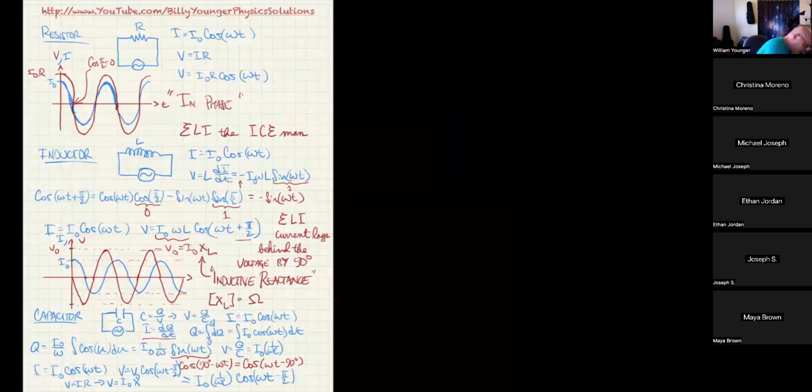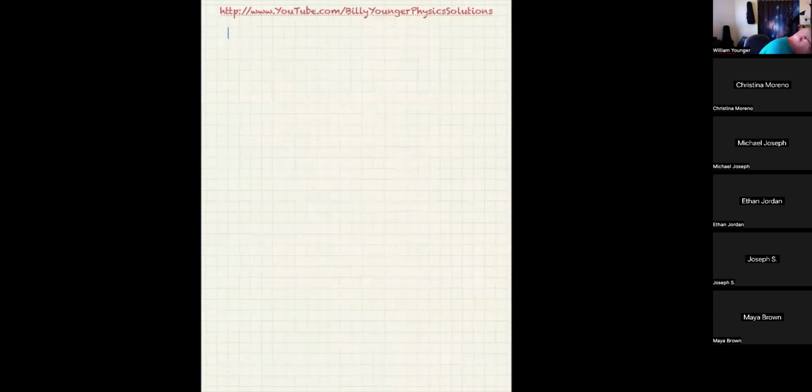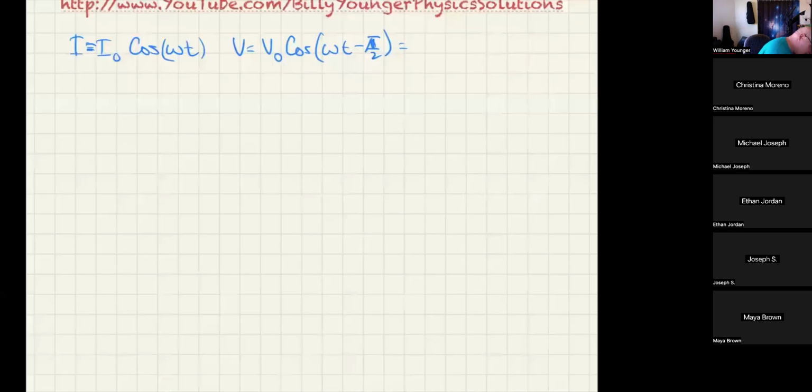Let me write it on the other page. What it means is we now have I is equal to I0 cosine omega t, and V is equal to V0 cosine omega t minus pi over 2, which equals, actually, I don't like the way that turned out. Let me fix that.